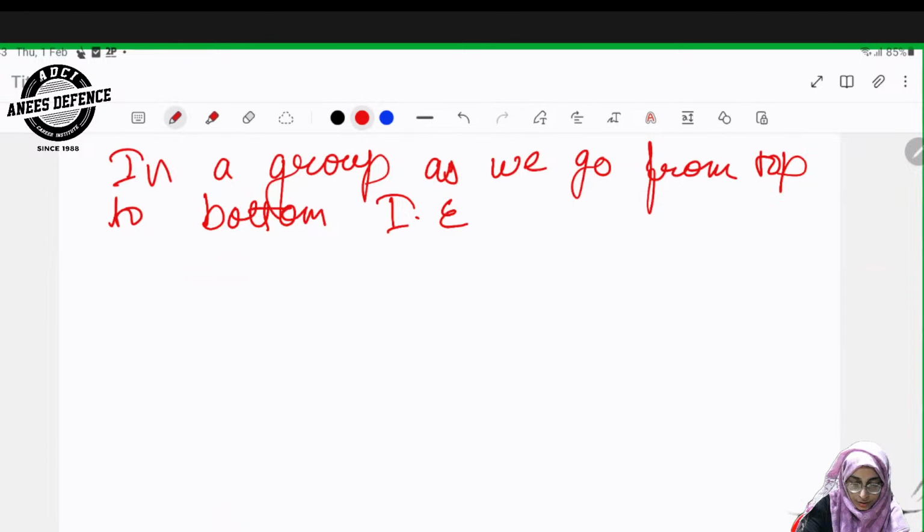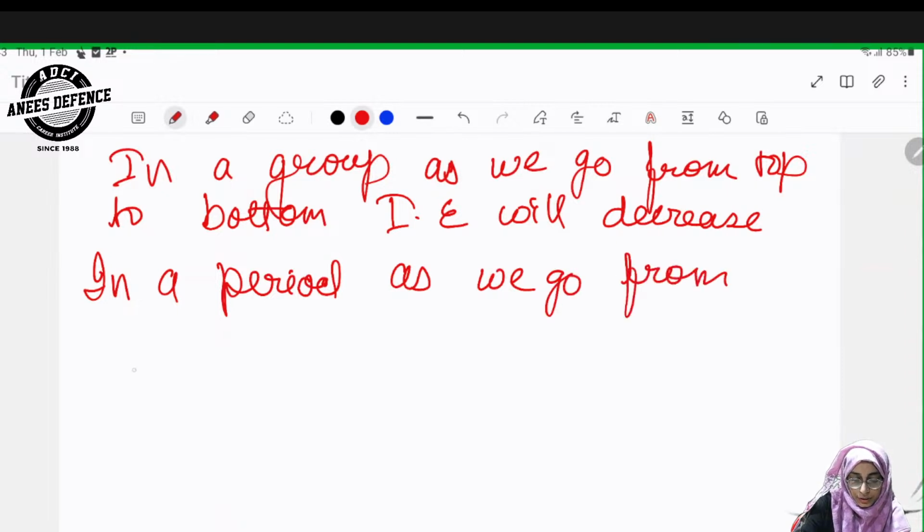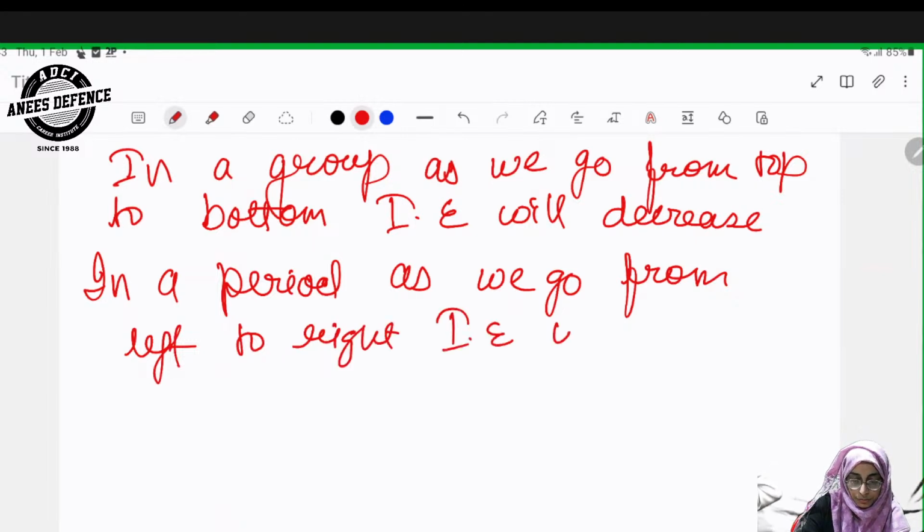Ionization enthalpy will decrease. And in a period, as we go from left to right, ionization enthalpy will increase.